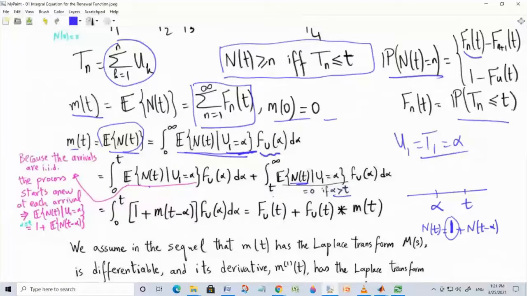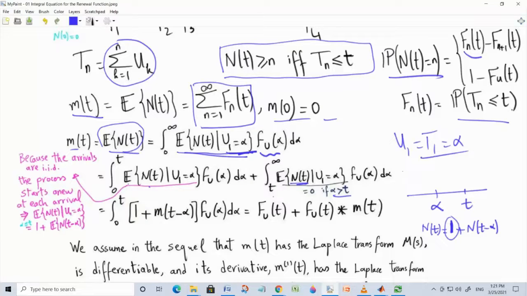And the inter-arrival times are IID, which means that once you have an arrival, you can think that your process has started anew. It's as if you are restarting the process from the beginning.